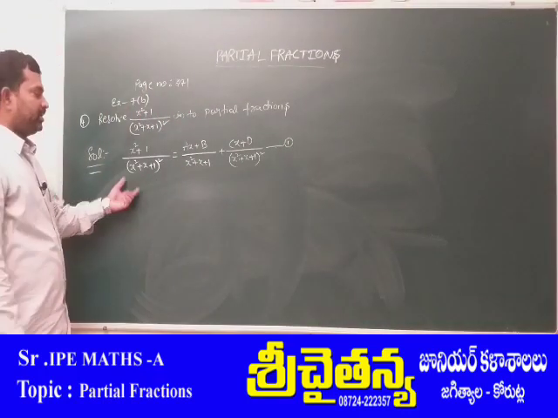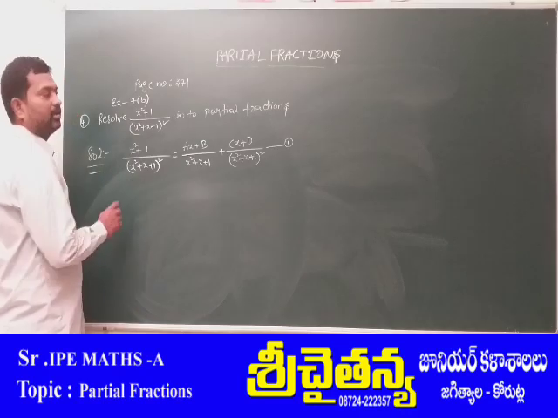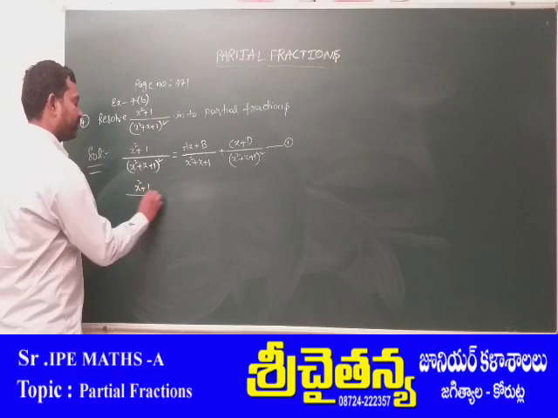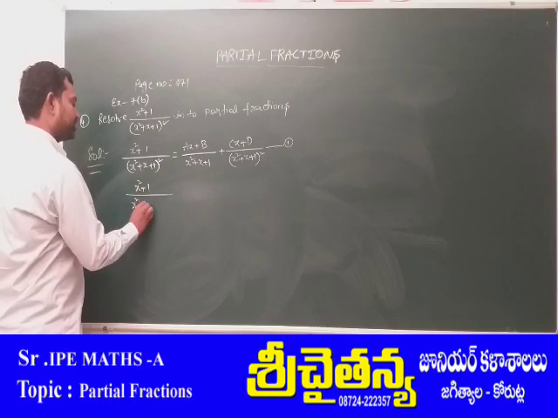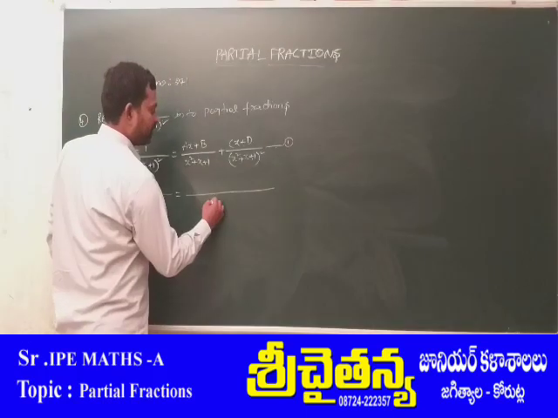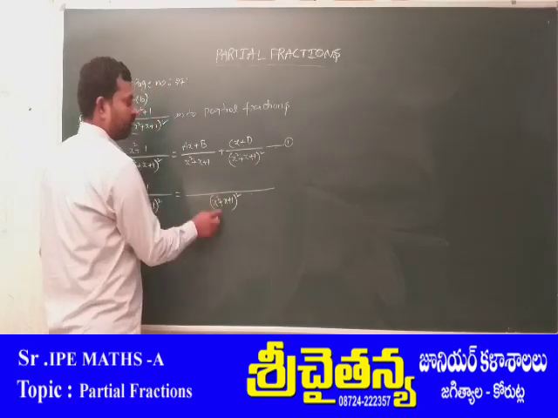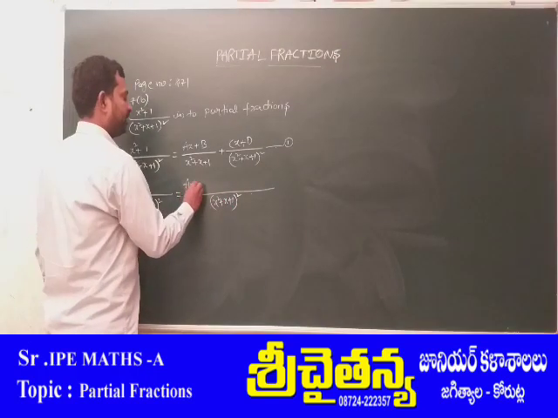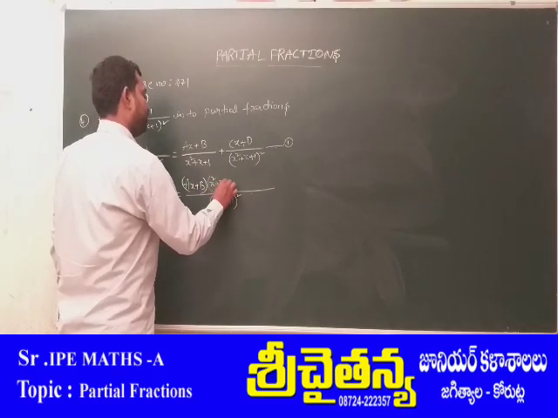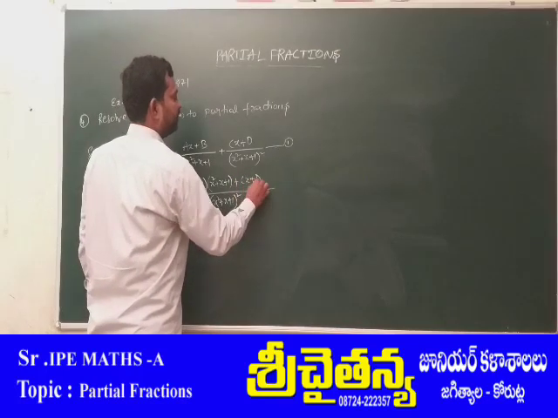So if we are multiplying and dividing each and every one with x square plus x plus 1, simplify. You see here x square plus 1 by x square plus x plus 1 whole square. Take LCM of these two terms, x square plus x plus 1 whole square. So one time is cancelled, we get here ax plus b times of x square plus x plus 1, and plus both are cancelled, we get cx plus d.